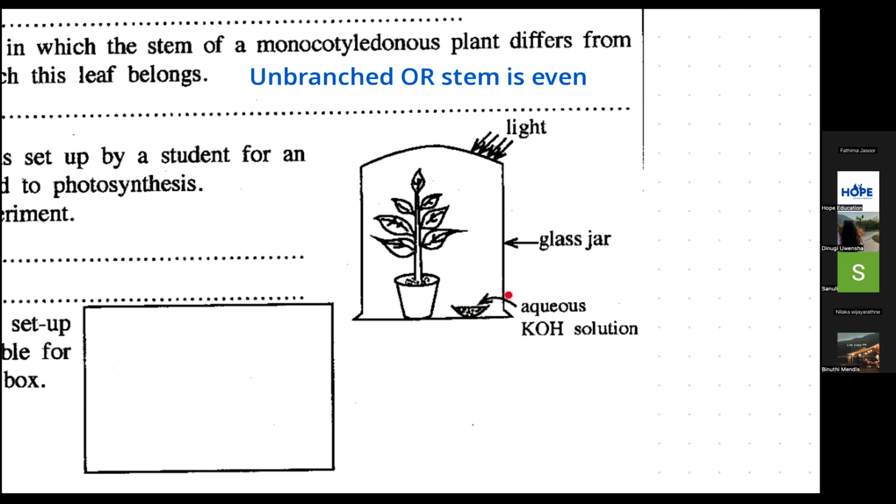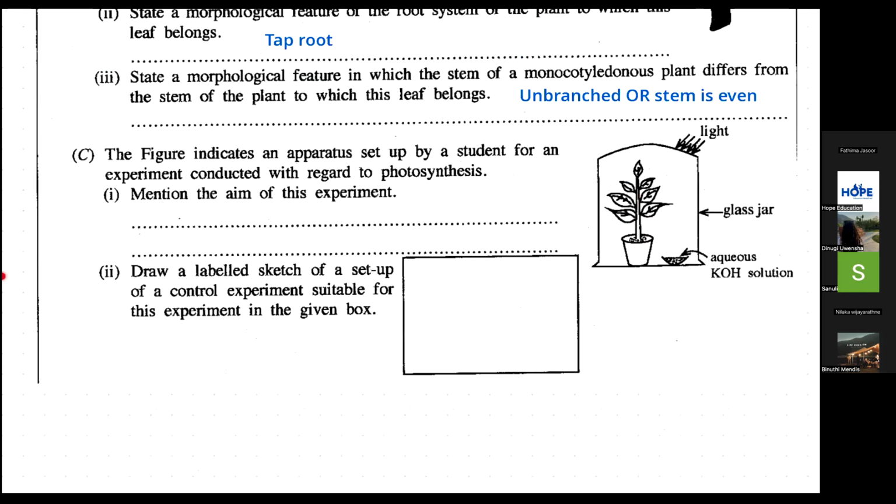So it absorbs all the carbon dioxide inside. Then photosynthesis does not happen. So the aim of this experiment is to test whether carbon dioxide is needed for photosynthesis. Okay.